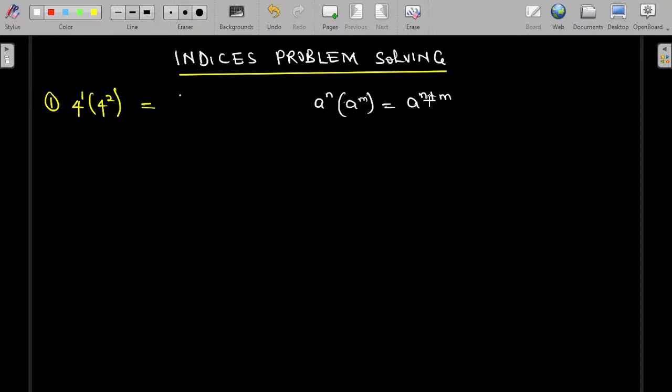So this is supposed to be 4 to the power of 3, and that is the solution. Of course you can expand this to give you 64. 4 to the power of 2 is 16, and 16 times 4 should be around 64. So that's just that for this one.